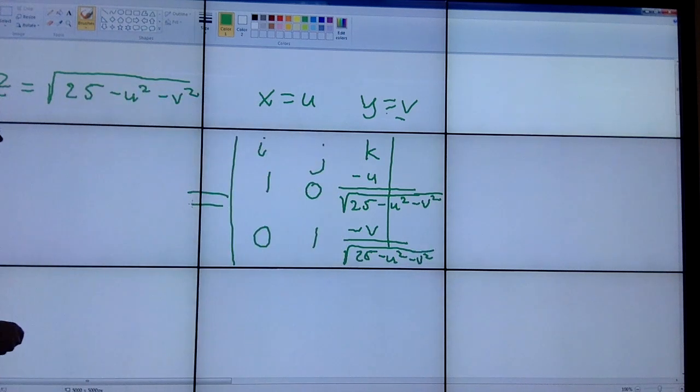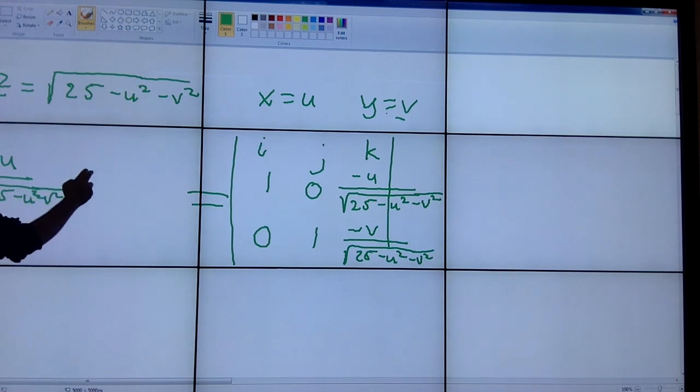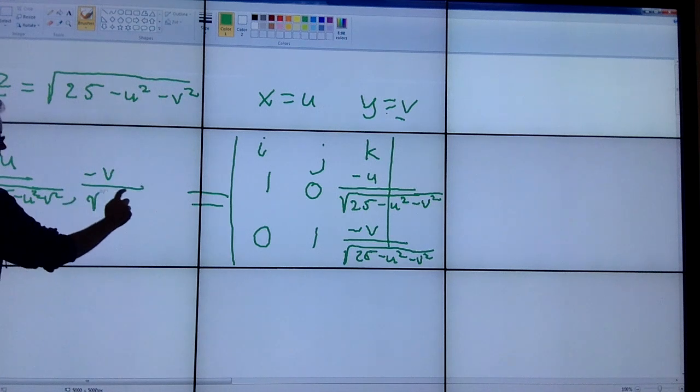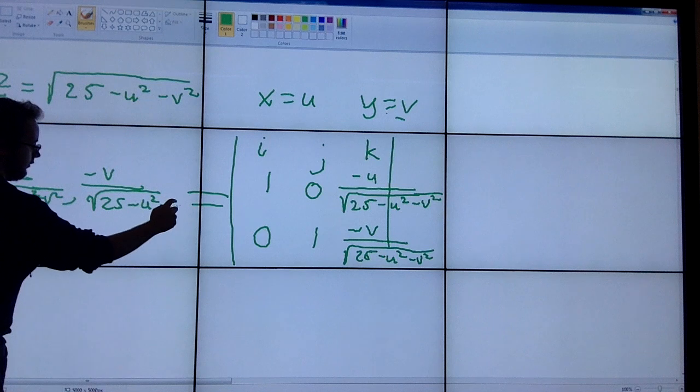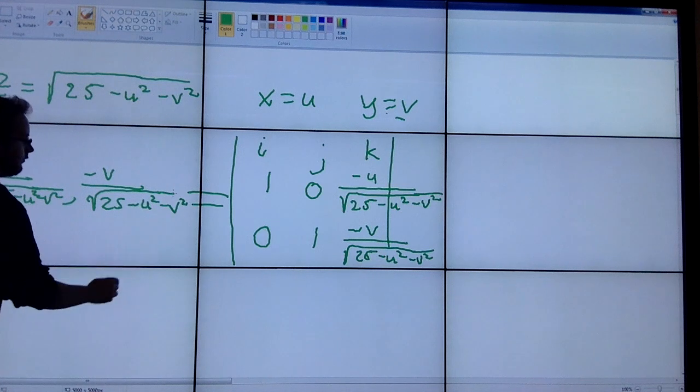let's do it over here. Take that cross product, you get negative u over square root of 25 minus u squared minus v squared, comma, not enough room to write the rest of this, negative v over square root of 25 minus u squared minus v squared, comma, what?